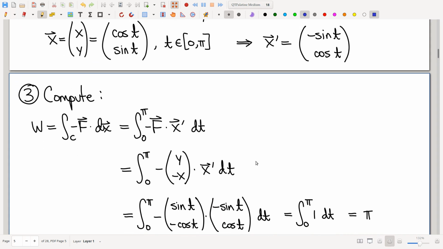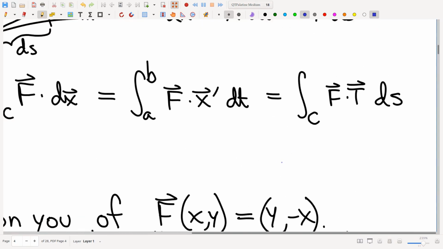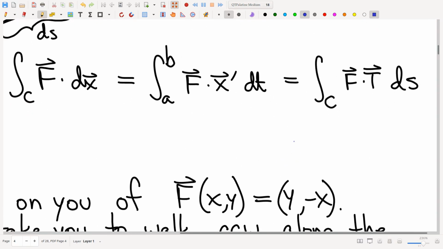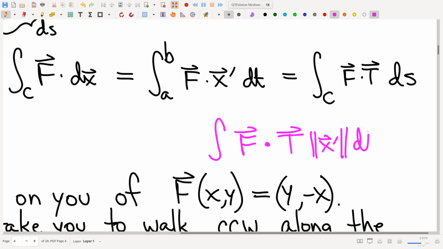Well, we kind of did, in a little bit of a way, and I just want to point out where it is. Again, here are our three formulas. Let me expand. Another way to write this is F dot T magnitude of x prime dt.